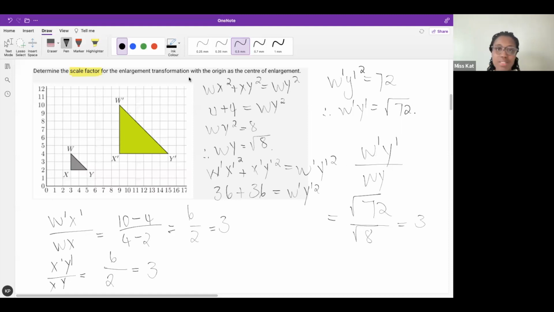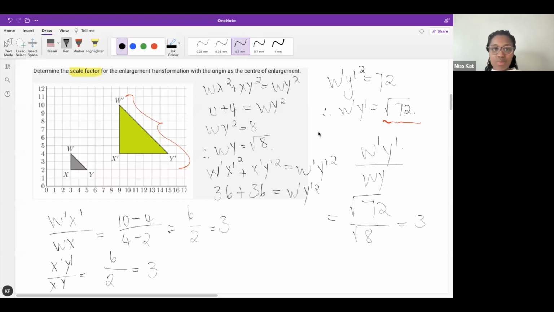Guys, remember, substitute correctly. I wrote it correctly here because I said w prime y prime. That's this one, which was root 72. So it's the square root of 72 divided by the square root of 8, and that gives you a 3. Now we got 3 times. So then we can conclude that our scale factor is what?